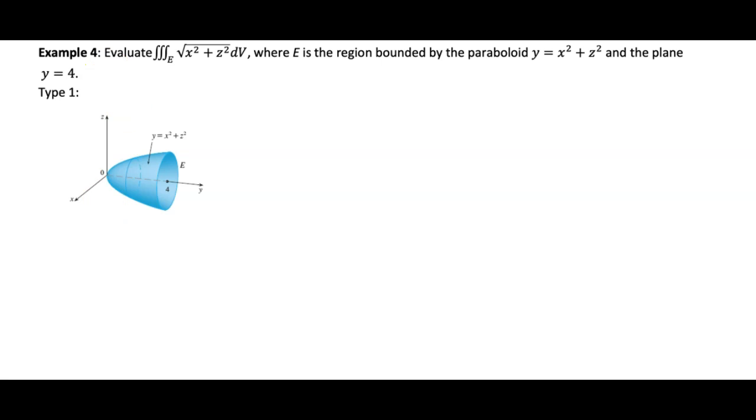So let's just label this as our region of integration. Okay. And because we want to evaluate this as a type 1, our bounds are going to look like dz dA, where dA is either dx dy or dy dx.